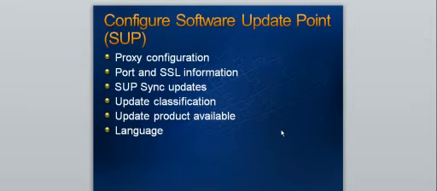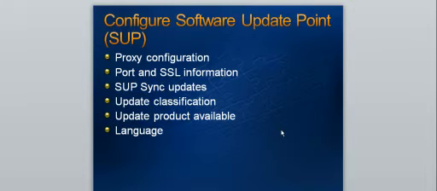Once you have specified the classifications, the next thing is you need to specify what are the update products which you want System Center Configuration Manager to download. After you have selected the products which you want software updates for, the next setting that you need to configure is the languages.